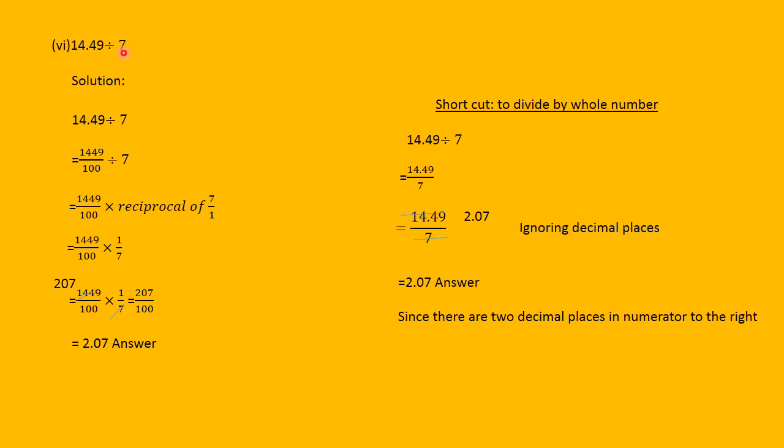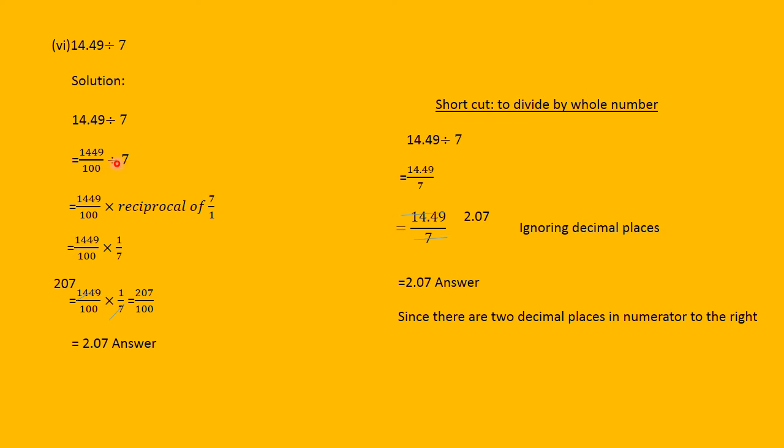14.49 divided by 7. Normal method: 14.49, there are two decimal places. So how do you write? 14.49 upon 100, because there are two decimal values. So you will write upon 100 divided by 7.